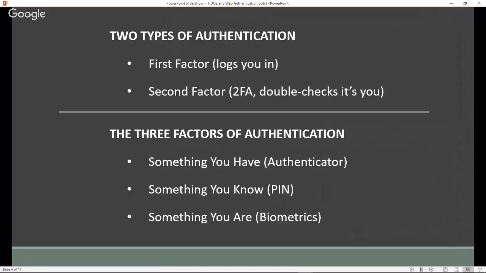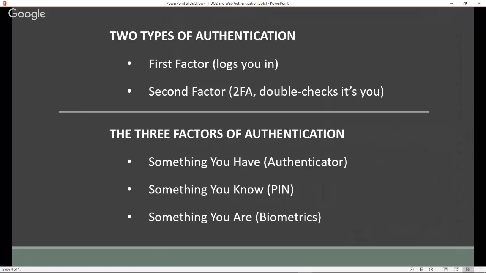So to say this again, there are two types of authentication. The first factor allows you to log in, and the second factor simply double checks that it really is you. The way that security works when we're interacting with computers is that we work to authenticate you by working with something that you have, like an authenticator, something you know, like a PIN or a password, or something you are, like biometrics.